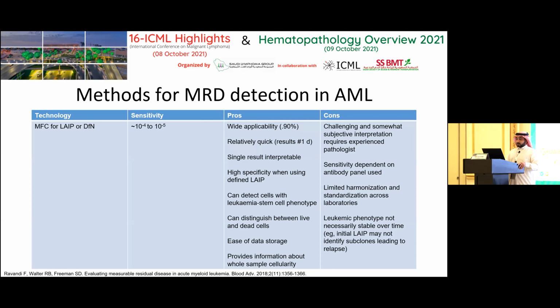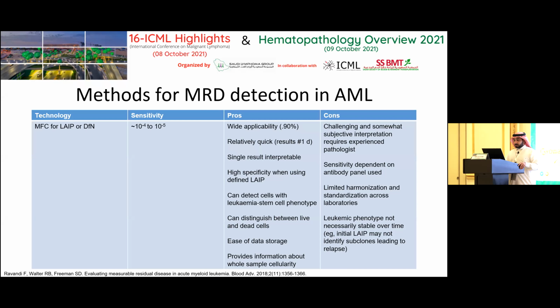Methods for MRD detection in AML: we have multi-parameter flow cytometry for leukemia-associated immunophenotype, or the different-from-normal approach. The sensitivity is high, up to 10 to the power -5 for detection of leukemic cells. The advantage of this method is that it is widely applicable.